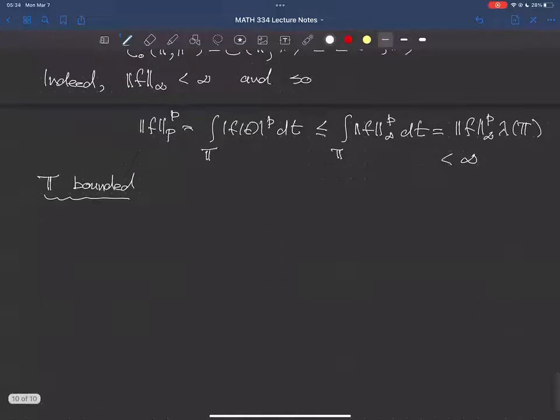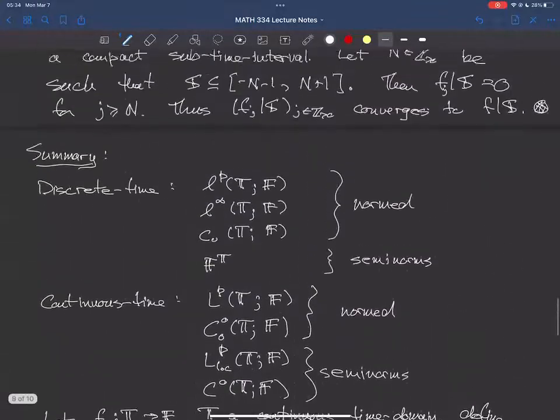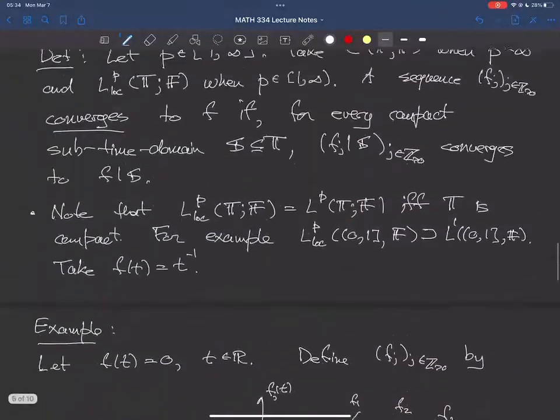Okay, so first thing is that C0 is no longer in LP necessarily. When it's compacted it is, but not when it's bounded generally. And we have an example of that we've seen already.